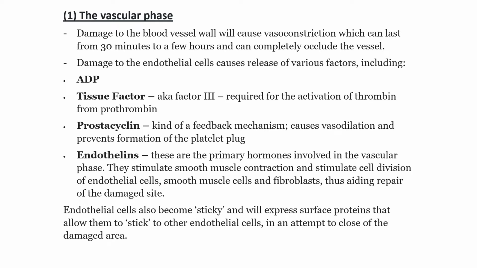Now the vascular phase, the first phase in coagulation, is vasoconstriction. The blood vessels become constricted under the effect of, for example, ADP and tissue factor, while prostacyclin usually causes vasodilatation.